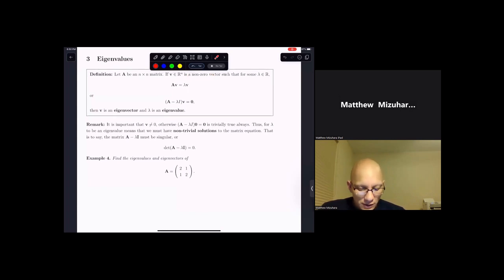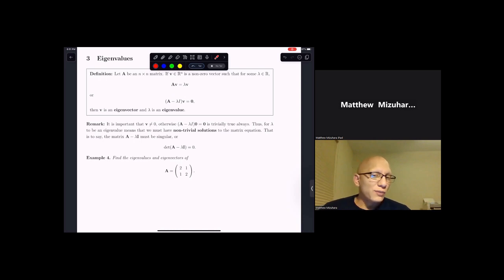And why is that? Well, look, if I allow v to be 0 in either of these equations, it's always true, no matter what lambda you gave me, right? Because I'm just going to get 0 equals 0. And so we really require v to be non-zero because I'm looking for a non-trivial solution to this equation, right? Which lambdas allow me to solve this for non-zero v?